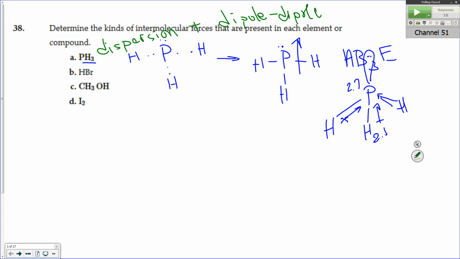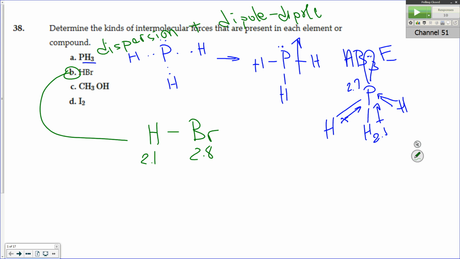All right, if we look at HBr, hydrogen is 2.1. The bromine is a couple down, so it's probably around 2.8. It's going to be very similar.